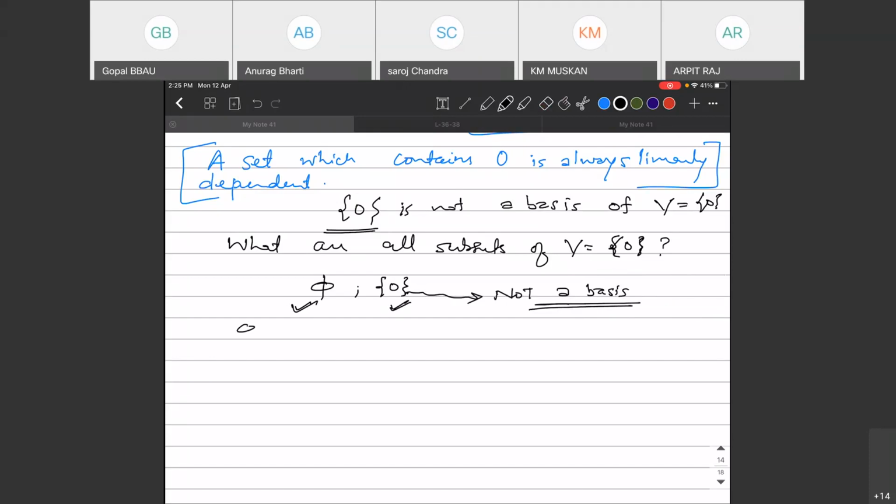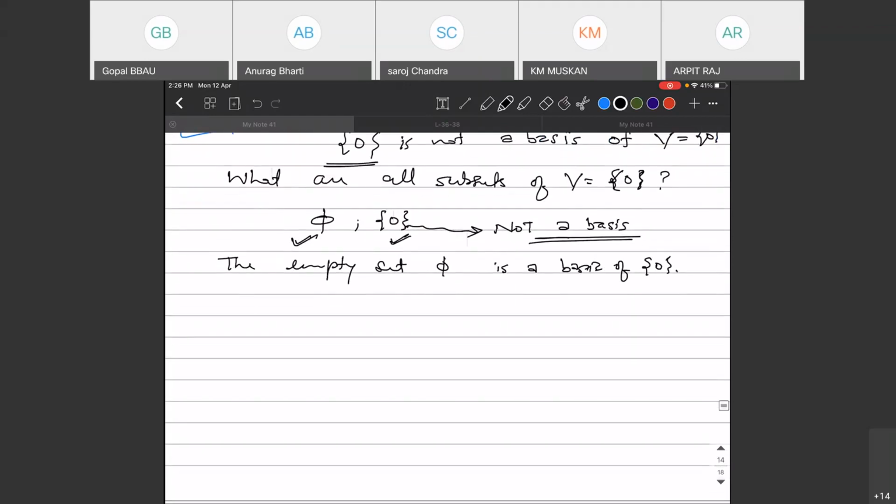So this means the empty set must be the basis of the vector space 0. And since the empty set does not contain any element, its cardinality is 0. Therefore, the dimension of this vector space is 0.